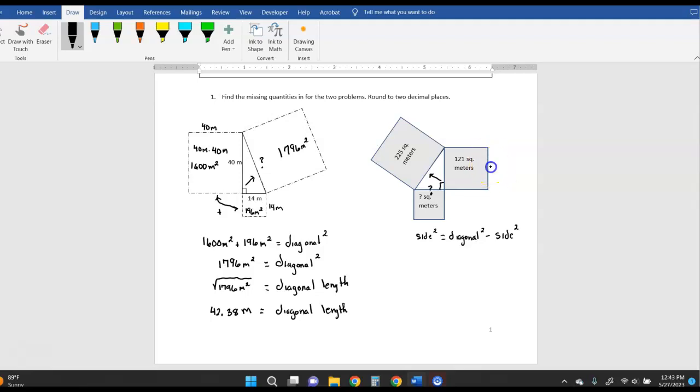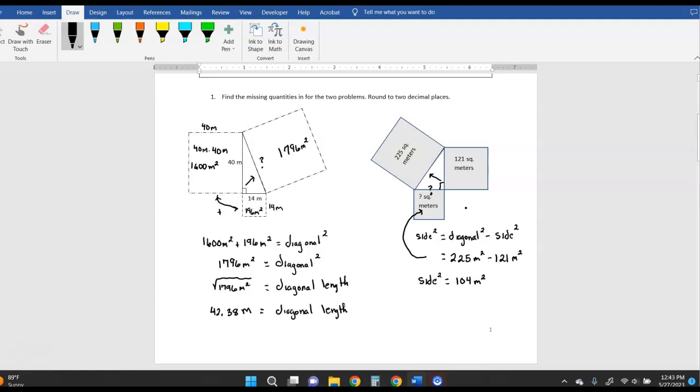So the area is 225 square meters minus 121 square meters, which is going to give us the area of this square right here. So that particular square's area is going to be 104 square meters.